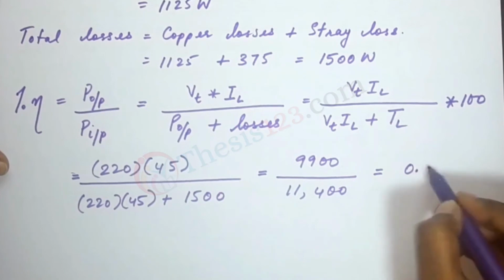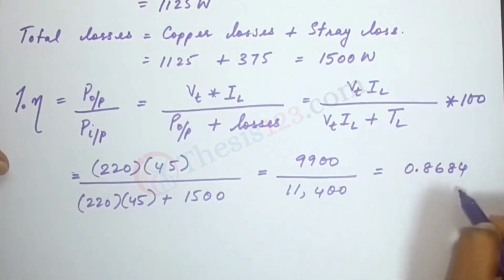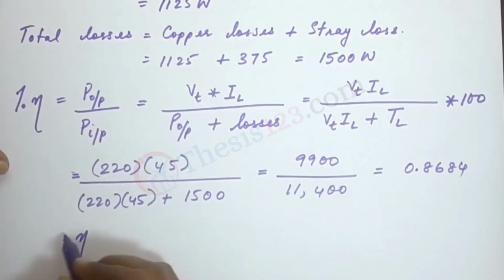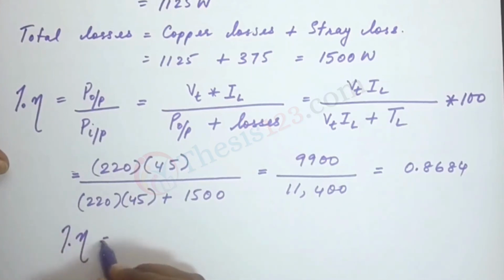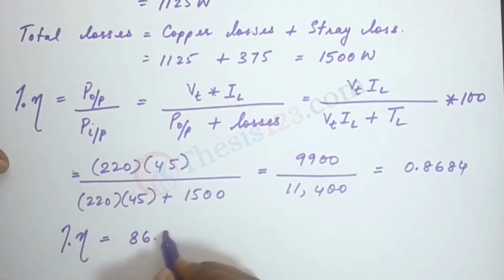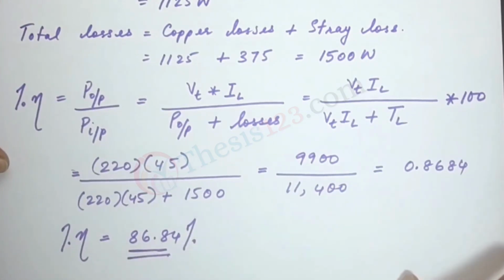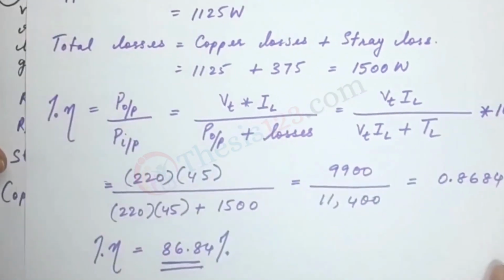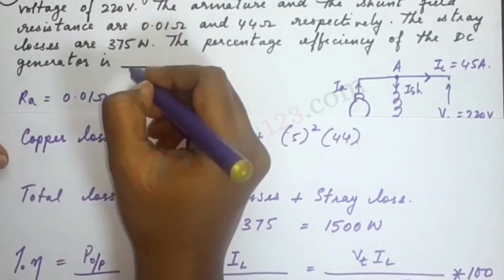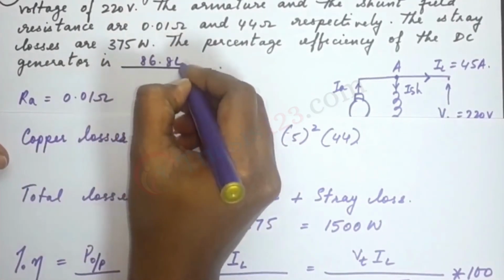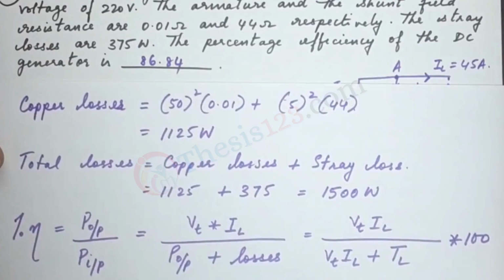That comes to 0.8684. So the percentage efficiency eta is equal to 86.84%. So this is our final value, 86.84. I hope this has helped.